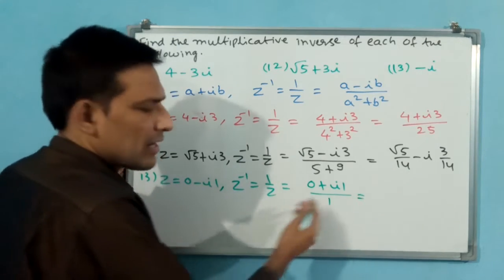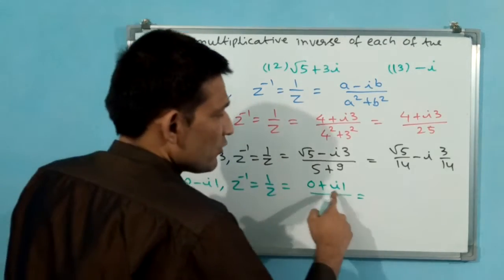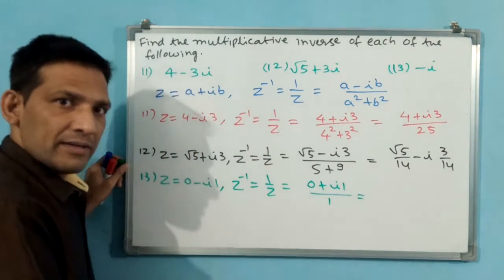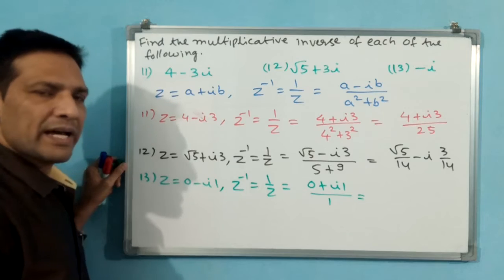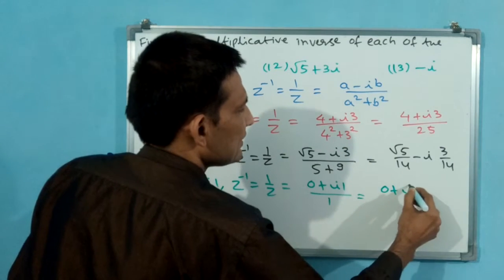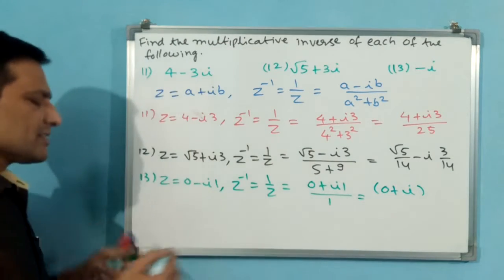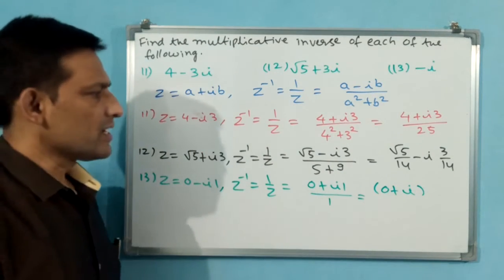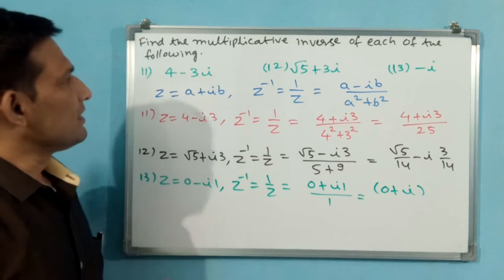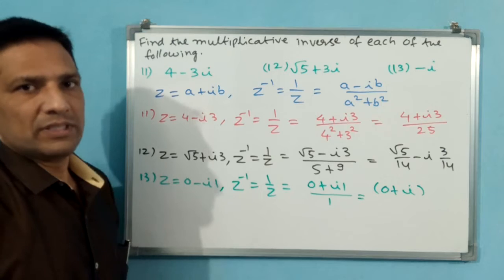Finally, you can write this value as I or 0 plus I. Both are correct, but in good form you write 0 plus I. I into 1 is I only. This is the answer for your 11th, 12th and 13th questions.